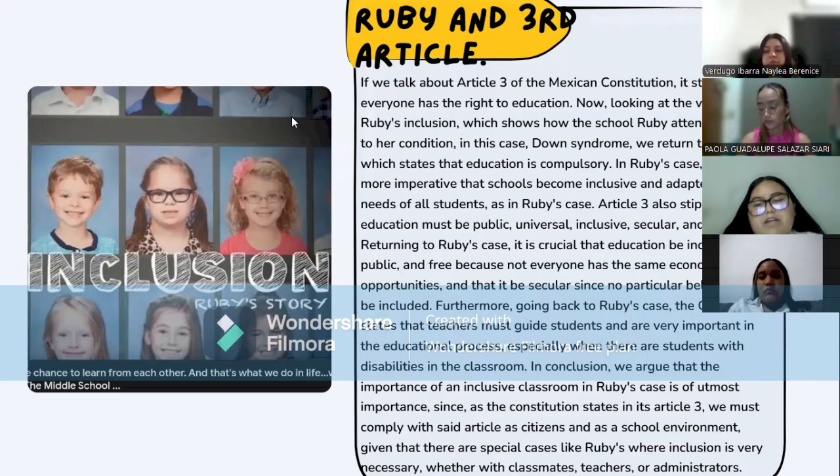Furthermore, going back to Ruby's case, the Constitution states that teachers must guide students and are very important in the education process, especially when there are students with a disability in the classroom.